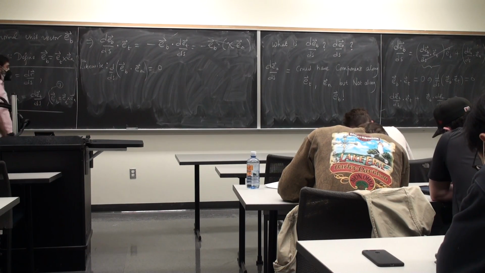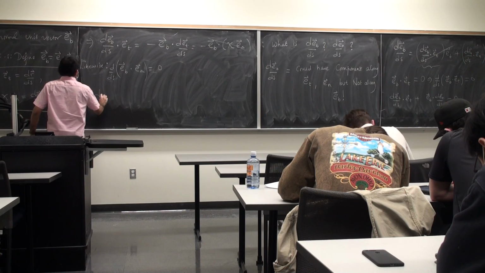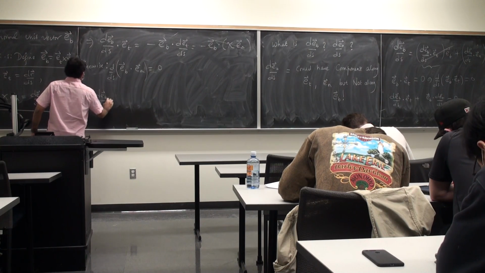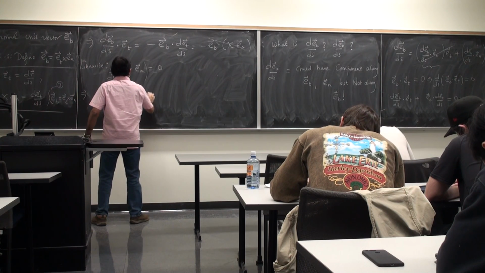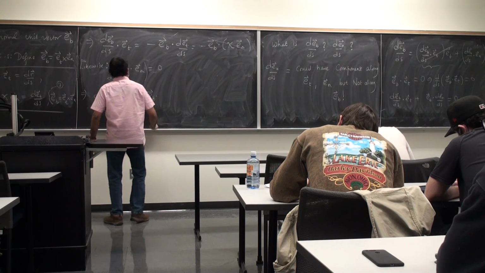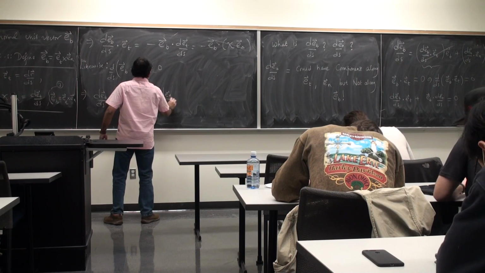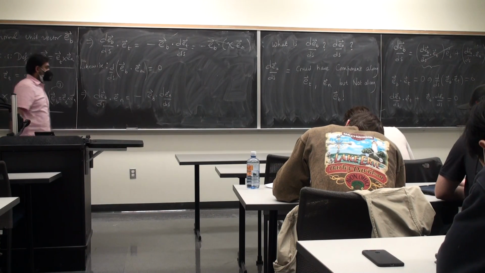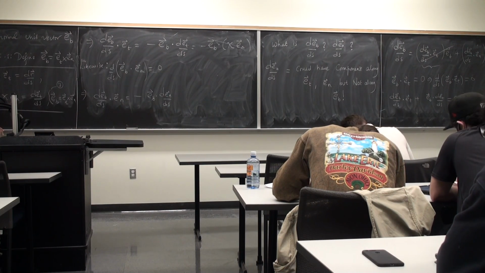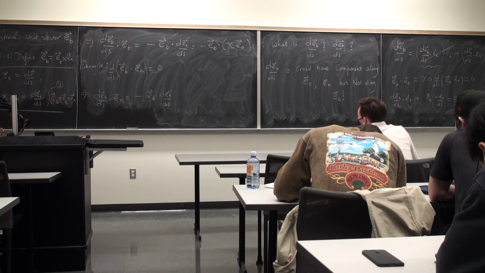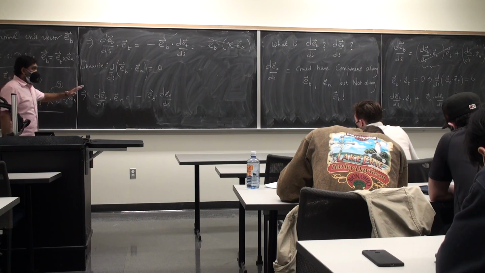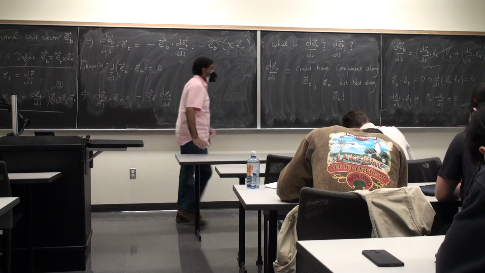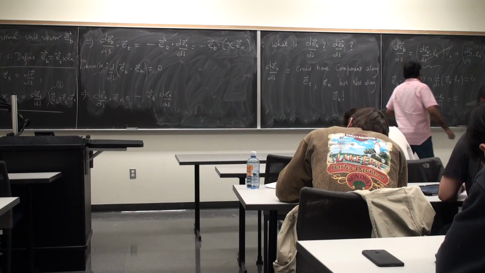Use the product rule. dEb dotted with En is minus EB dot with dEn. I'm doing exactly the same thing. I'm just taking care of the second component in this combination, which is this creature here.